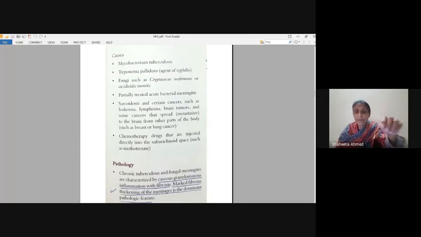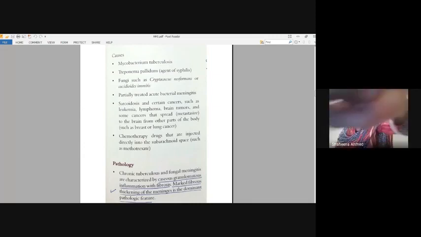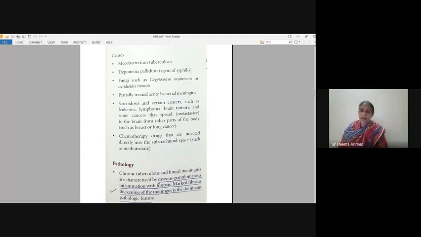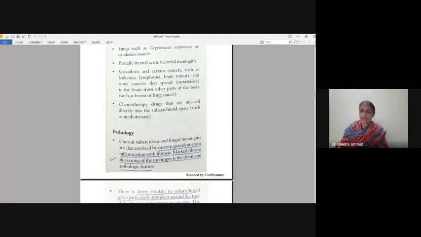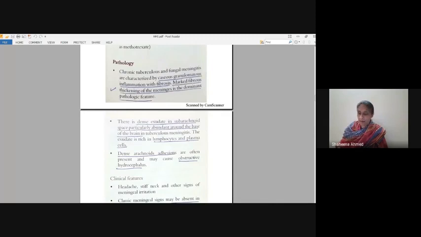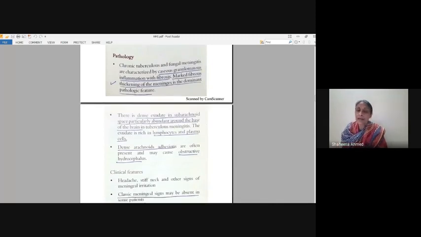Now, if you look at the pathology, chronic meningitis caused by tuberculosis and fungal organisms is characterized by caseous granulomatous inflammation.